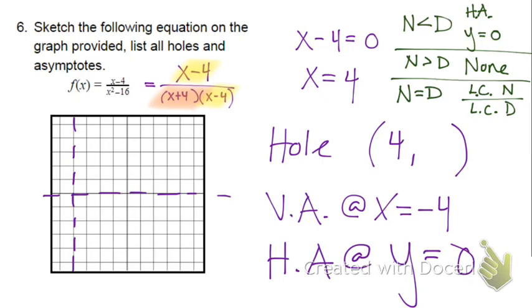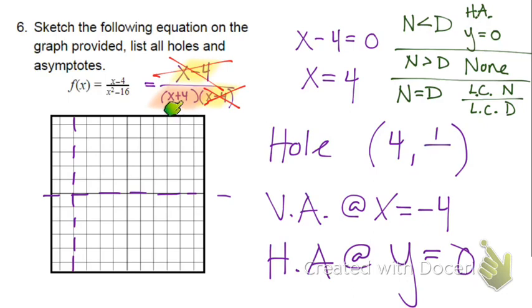The point for the hole is at, if I get rid of this common factor, the x minus 4 on top and bottom, and you plug in the x value of your hole, which in this case is 4, into this function now, it should tell you what the y value would be. So let's plug in 4. In the top we have a 1, so I'll just keep that a 1.